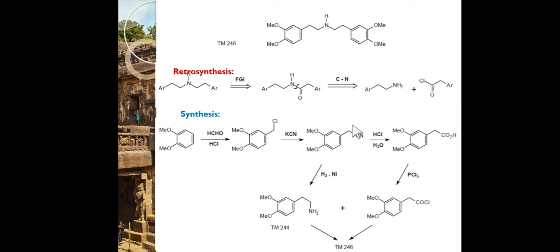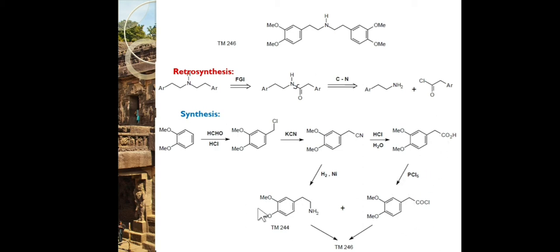So how will we get the amine from this CN? Simply by reduction in the presence of H2 and nickel. So H2 nickel will help us reduce the CN to CH2NH2. So from this part we get CH2NH2, that is one part, and again the same molecule after hydrolysis gives us COOH, on which chlorination gives COCl.